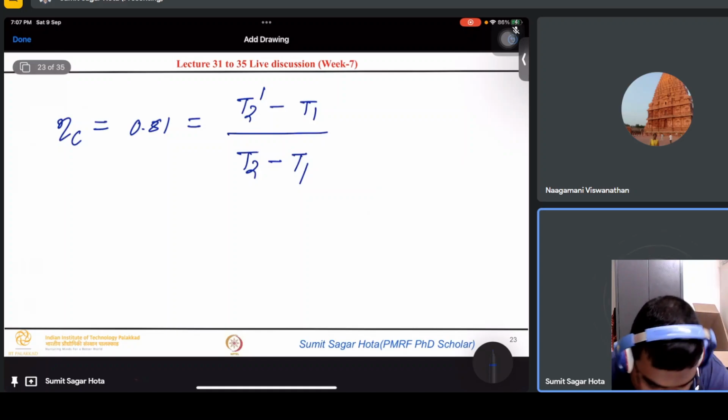Do you know T2? No. Do you know T2 dash? No. Do you know T1? Yes. So T2 dash we need to find out first.